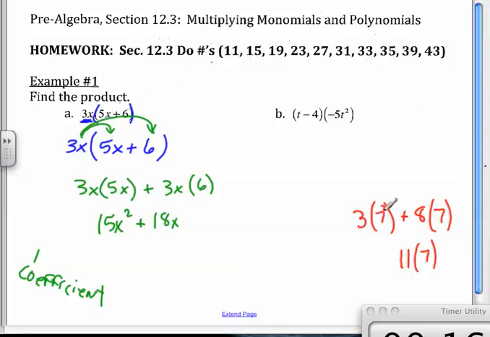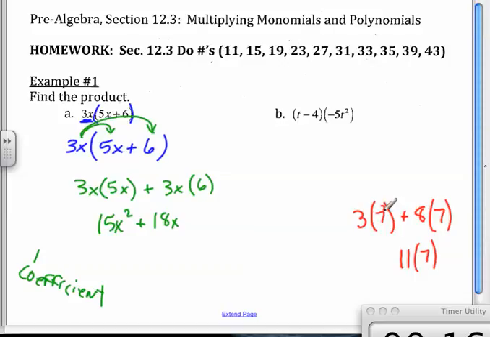I've got 3 49s and 8 7s. I can't add those together. As soon as that exponent is different, they're not like terms anymore. I have to have the exact same variable stuff behind the, what's the term? Raise your hand. What's the term, Troy? Coefficient. The exact same variable stuff behind the coefficients to put them together.